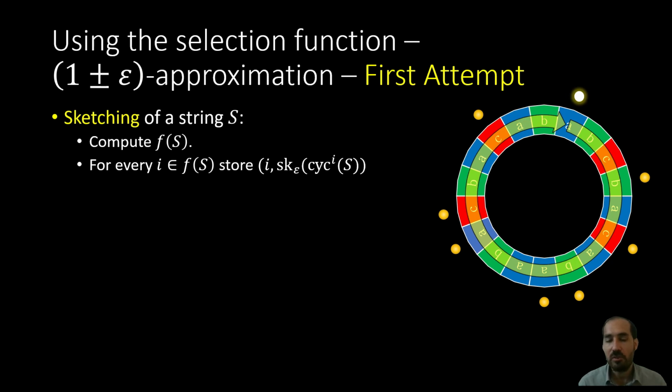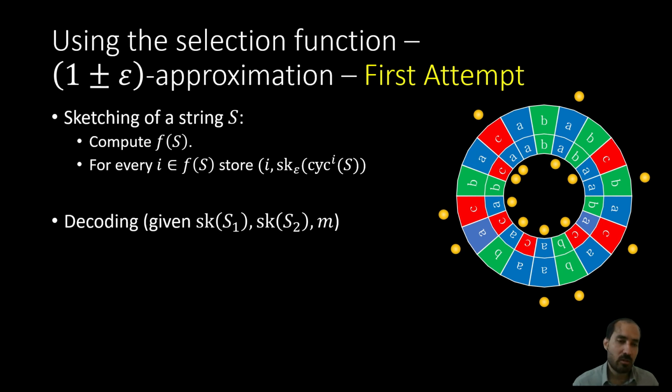For example, for this position, we have this alignment, and for the next position, we have that string, and we will maintain O tilde of epsilon to the -2 space for the regular sketch of this string, and we will do it for any position selected by the selection function.